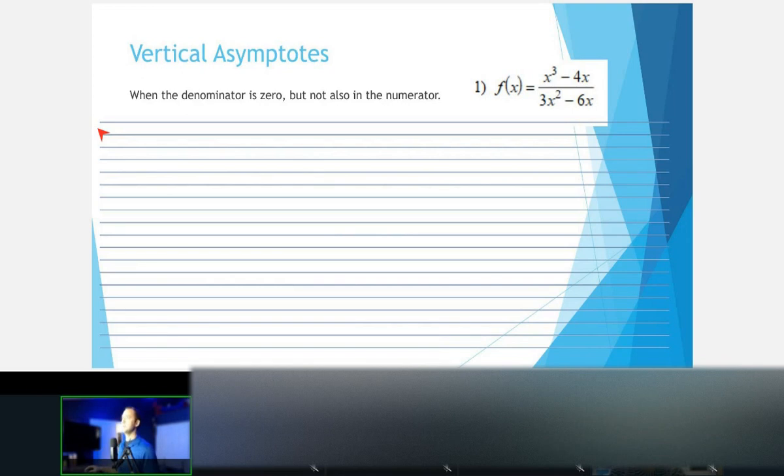Now this one, I need to handwrite everything because I didn't pre-type this stuff. All right, so we have 3x squared minus 6x equals 0.